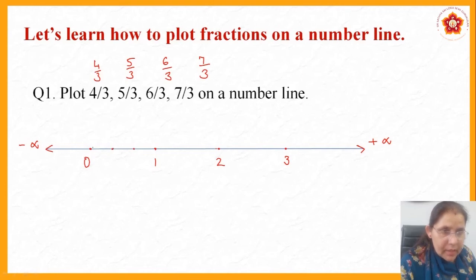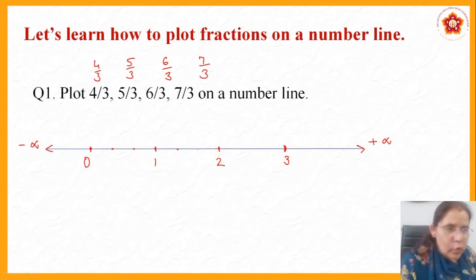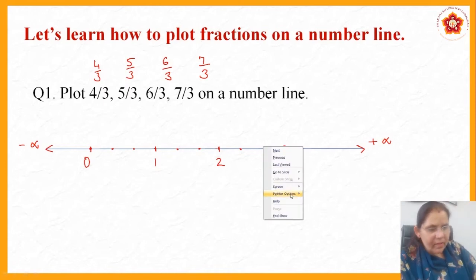Again, they have to be equidistant. Kindly use scale. This was our point 0. This is 1, and between 0 and 1, now we have divided it into 3 equal parts. And for dividing in 3 equal parts, we have put 2 points. Same way, 1 and 2, we have to divide it into 3 equal parts. And for dividing it into 3 equal parts, we have to put 2 points. So this I have done.